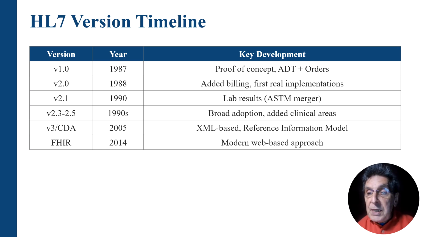Well, V3 was technically elegant, but complex. Implementing it required significant expertise, and the value proposition of how much better it was than V2 wasn't that obvious, and many organizations were frustrated. Adoption of V3 became limited, primarily to CDA documents rather than for real-time online messaging.